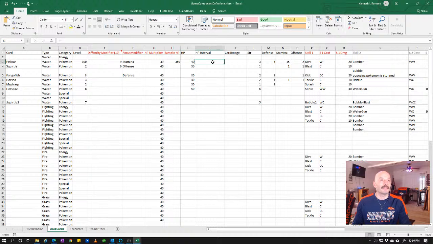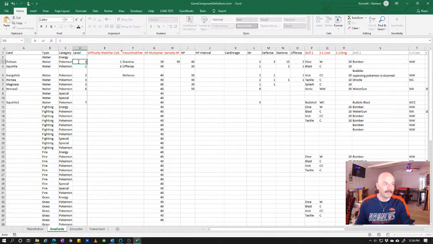So we've got the HP interval. Say, for example, difficulty modifier never changes, only their level does. Let's say we have a level 1 difficulty guy. His sample HP at 100 is 50. Whew, he's a tiny guy. It's possible. A crappy stage 1 Pokemon maybe never gets very big. But let's say he's level 1, so he's only a 10.